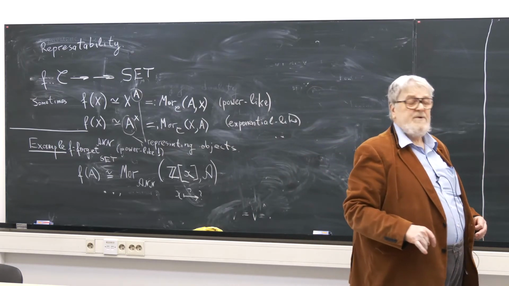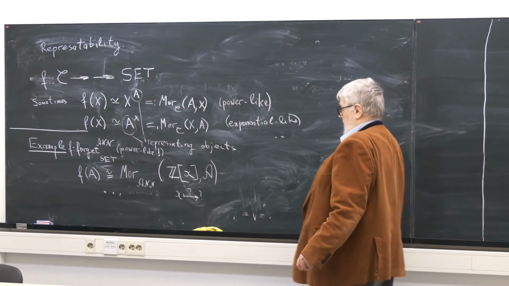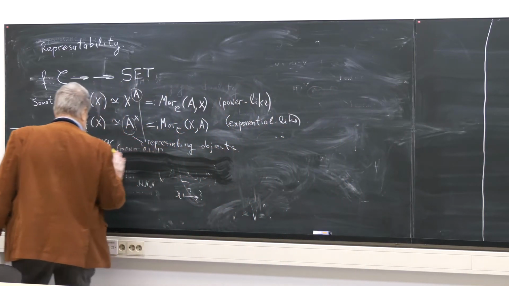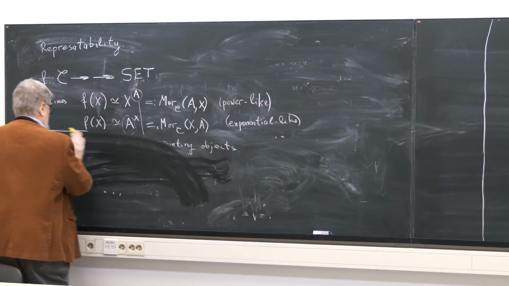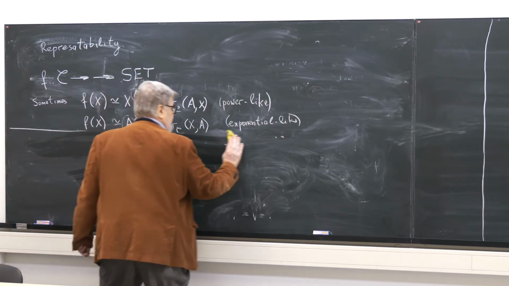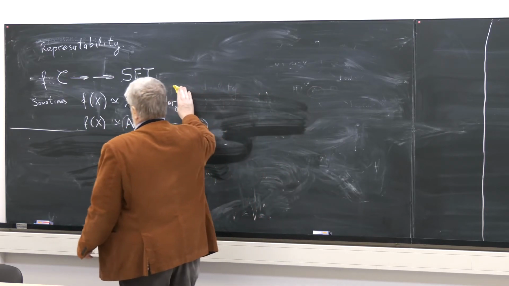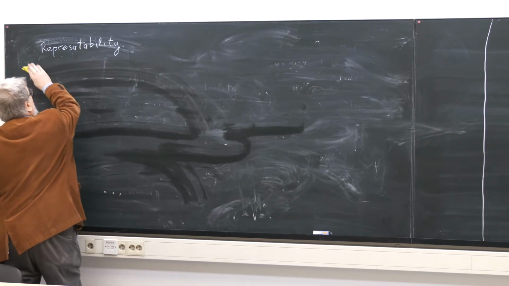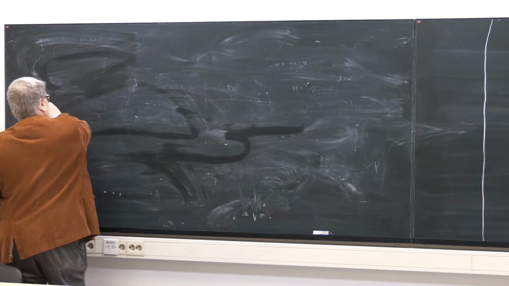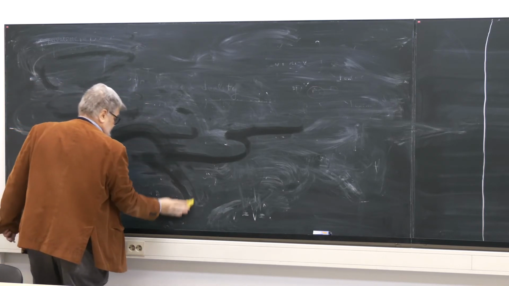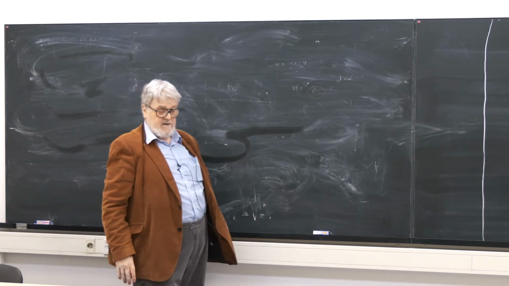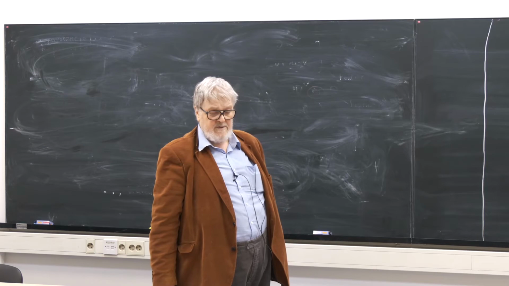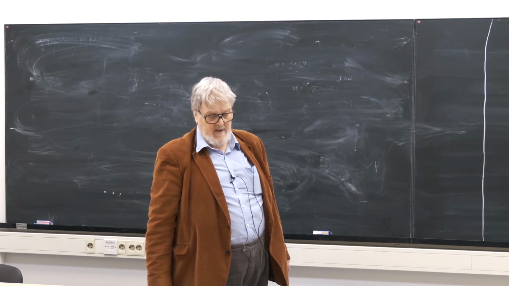But we are going to turn to the problem of representability of the functors that are in the center of our considerations. That is, in applying Grothendieck topology constructions to classification of objects in certain categories.